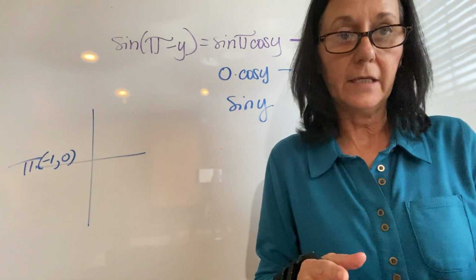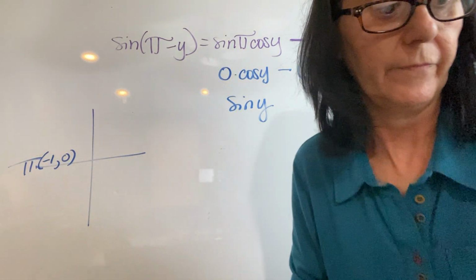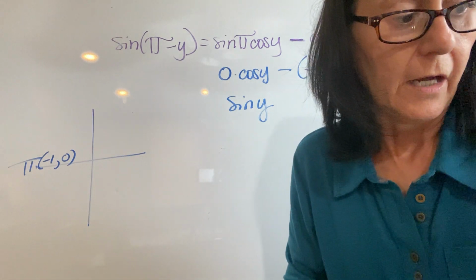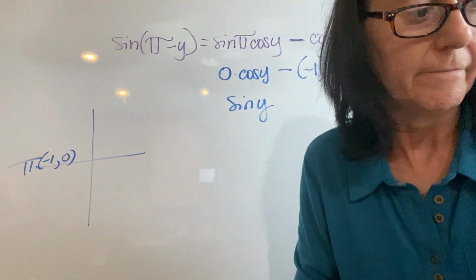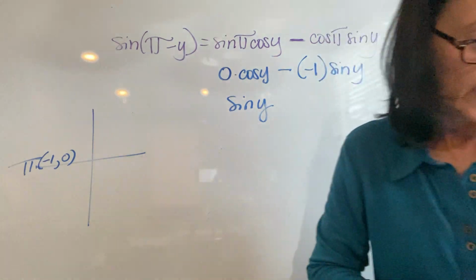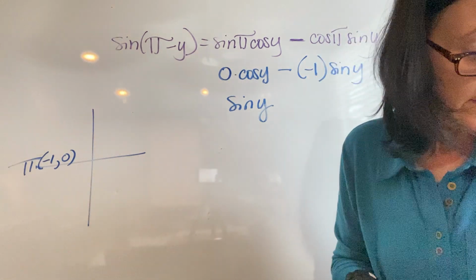Number 3, now we have an equation. For number 3, I look and I say that left-hand side is pretty simplified. So I'm not going to work on the right-hand side. I'm going to work on the left-hand side because I see the sum of 2 angles.